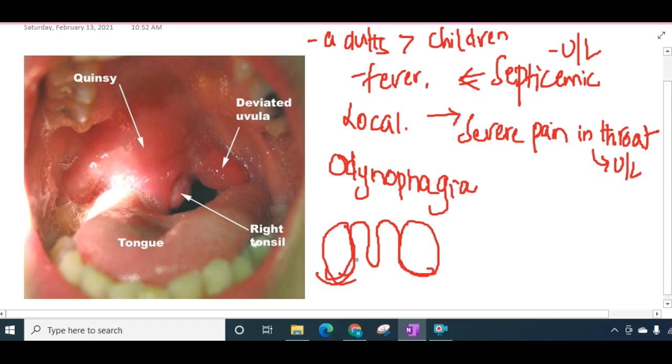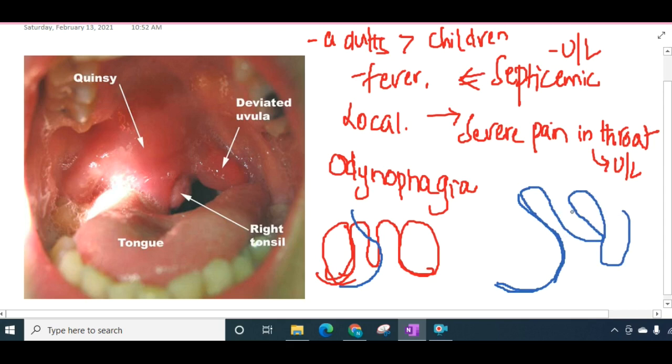paratonsillar abscess, that is in quinsy, there is pus accumulation around the tonsil, and as a result this will enlarge a lot and push the uvula to the opposite side. So if you see here, it looks somewhat like this. This is the enlarged tonsil, and the uvula is pushed to the opposite side like this.